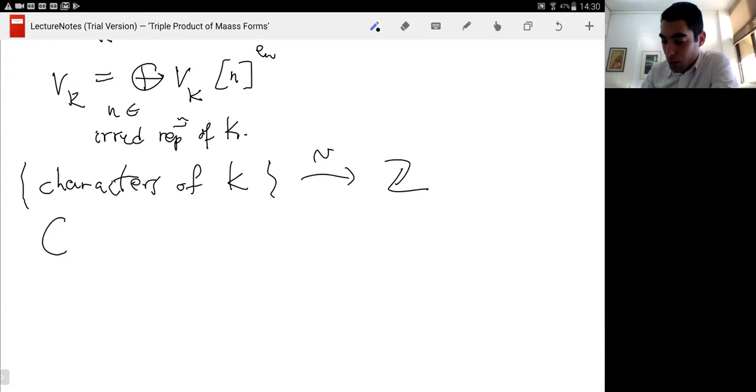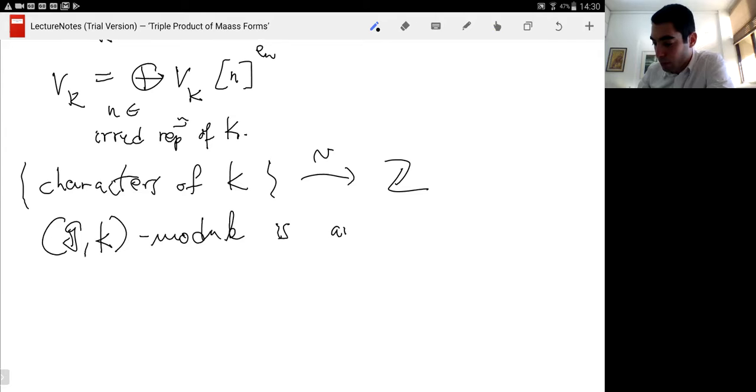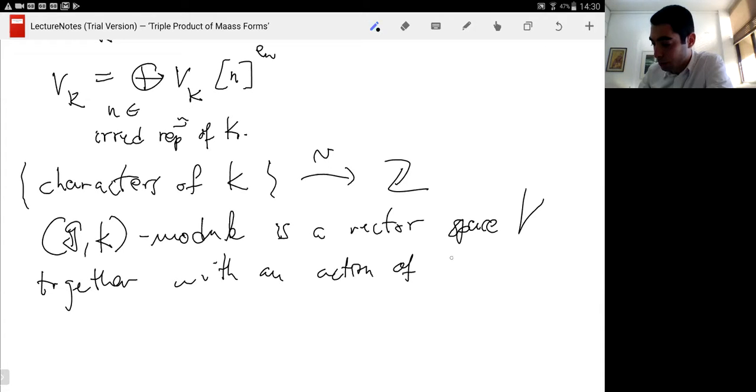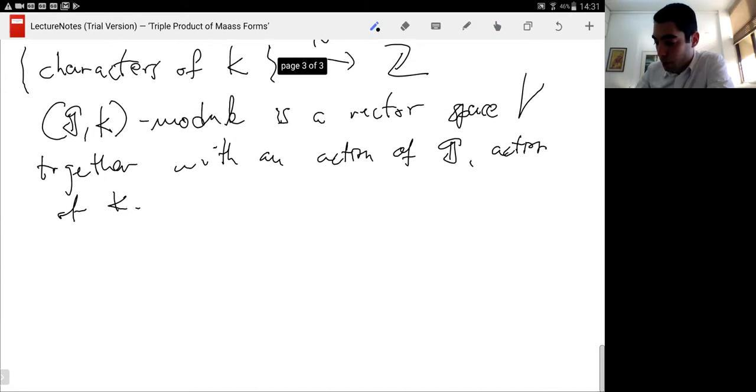One has to come up with a name for such things. So a (g,K) module is a vector space V together with an action of g and an action of K, and they must be compatible.